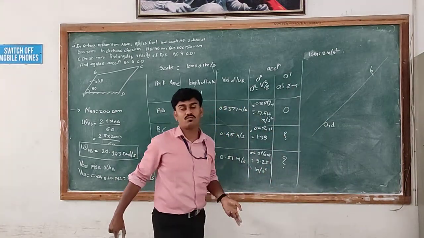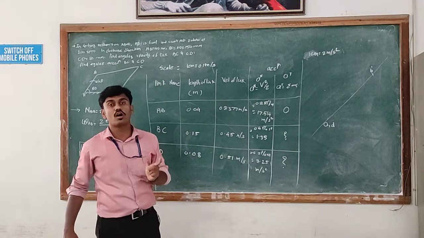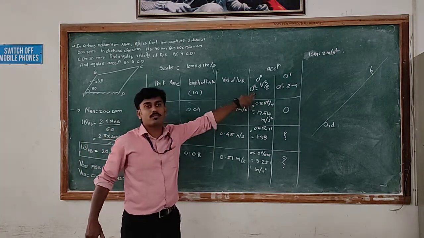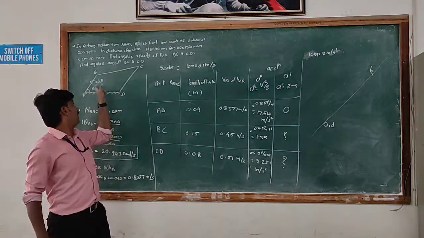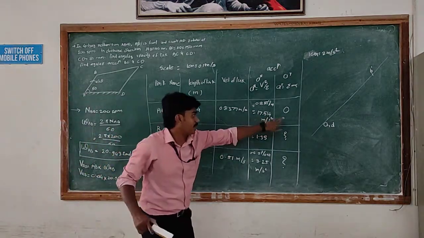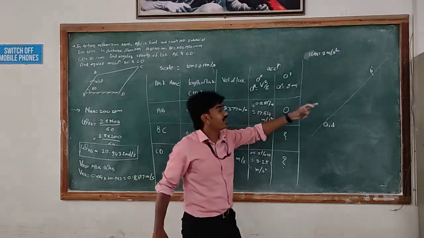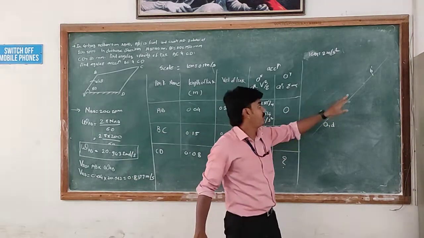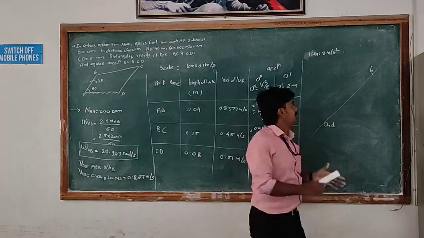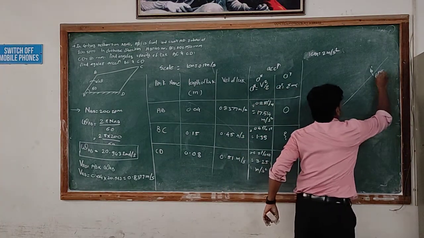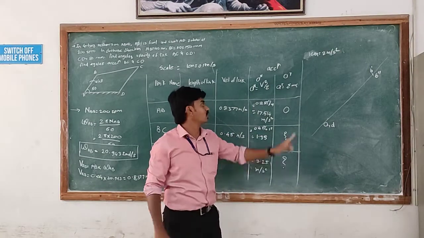Now this is the normal component of acceleration, and we need to draw a tangential component of acceleration for link AB. But the tangential component of acceleration is 0, therefore another point B double dash will appear at the same point. Why is B double dash here?